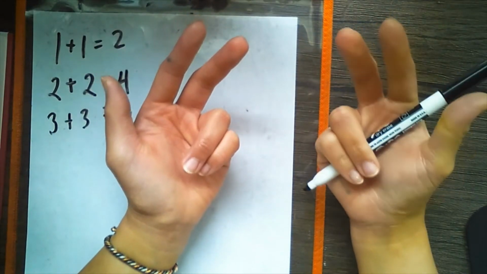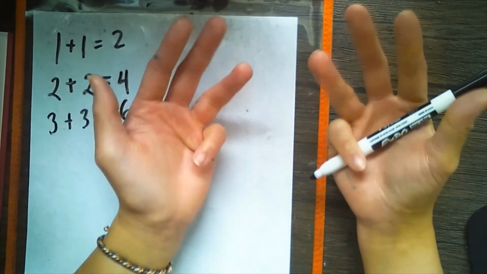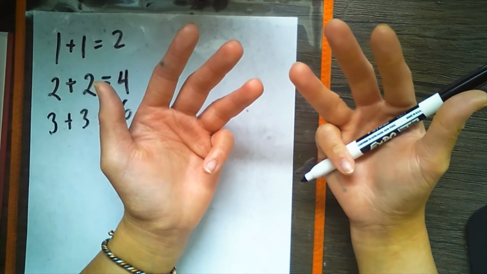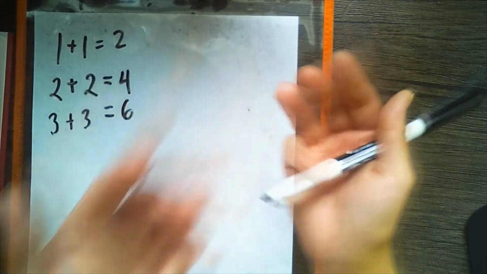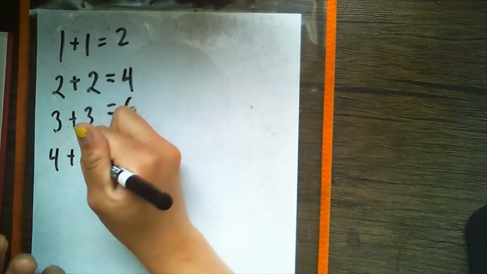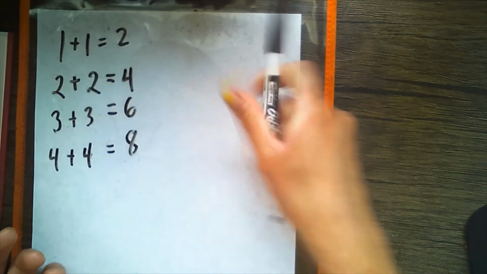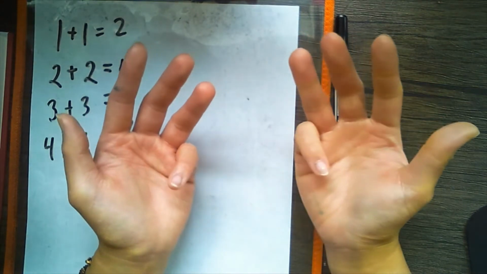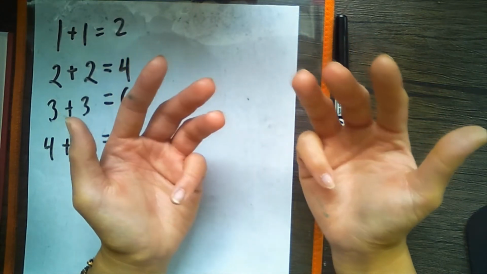Go ahead and pop up your next finger. Give me the addition equation. Great. 4 plus 4 equals 8. Okay, go ahead and keep your fingers up again, like this. And then lastly, go ahead and pop your pinky out.